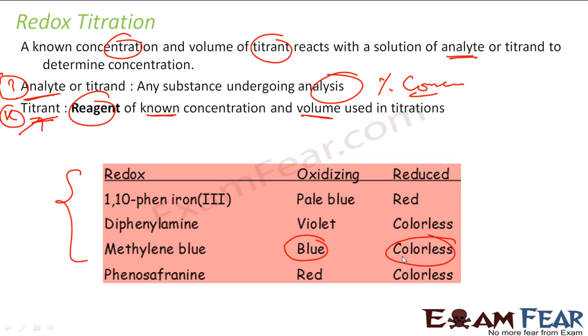Just understand that titration is a process where you find the concentration of an unknown solution by mixing it with a known reagent. There are various kinds: acid-base, where you take advantage of indicators like phenolphthalein which change color in acid and base. But in redox titration, we have indicators which change color on oxidation and reduction.